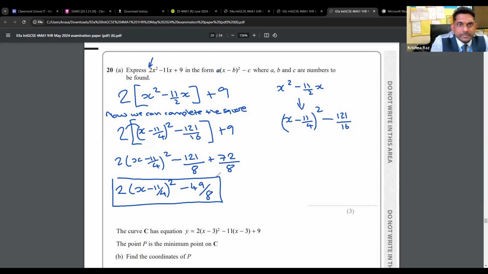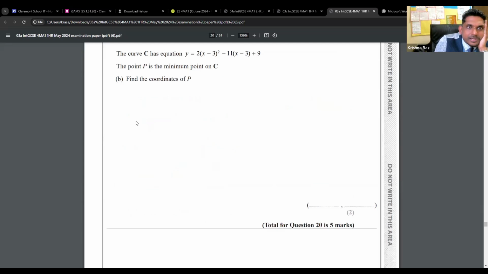There you go. You just check I haven't done anything wrong. No, yeah, that's it. That's definitely it. So I hope that makes sense. So for part B, we've got a few methods we can do this one with actually.